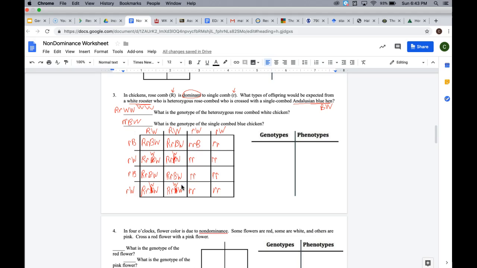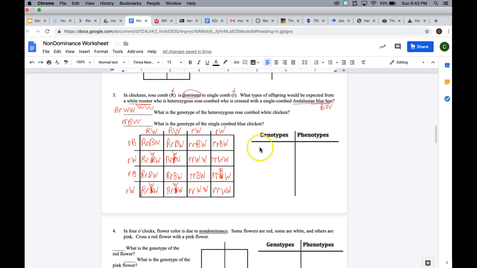I got in the rhythm of writing BW. Okay, so these are white chickens, white chickens. So B, W, W, W. Messed up again. So make sure you pay attention when you do these. It's easy to mess up, okay?